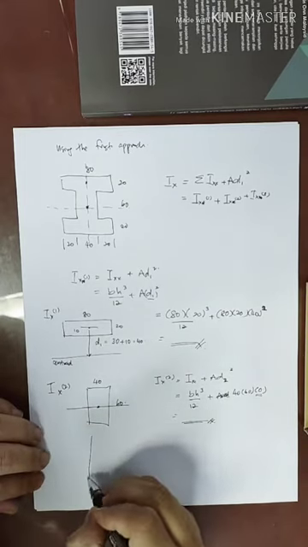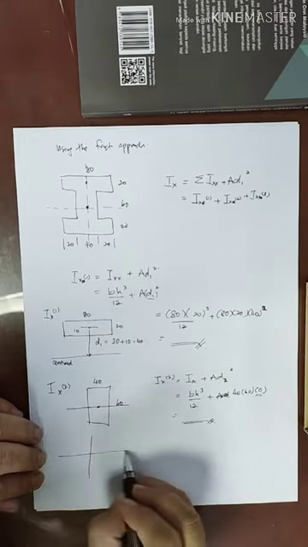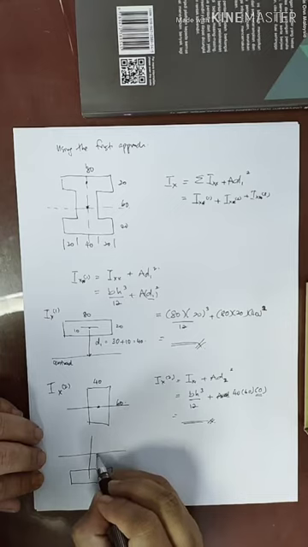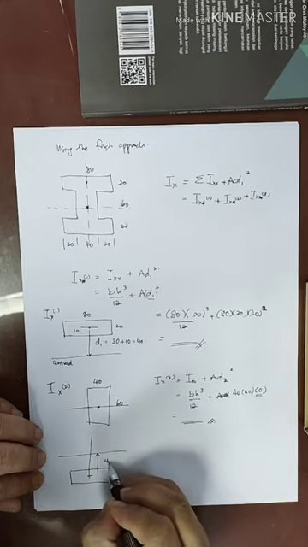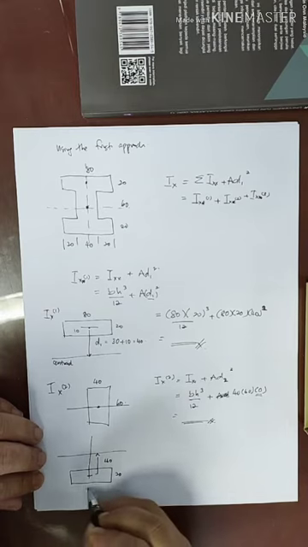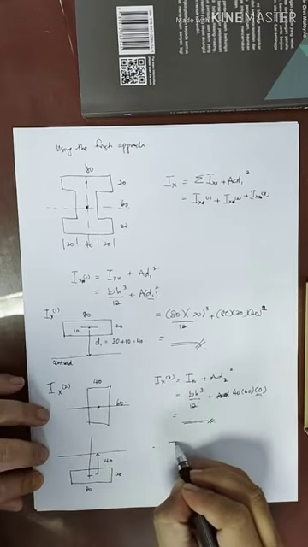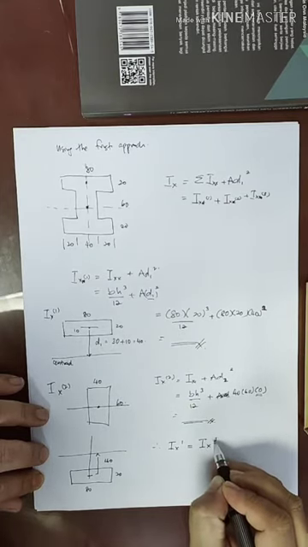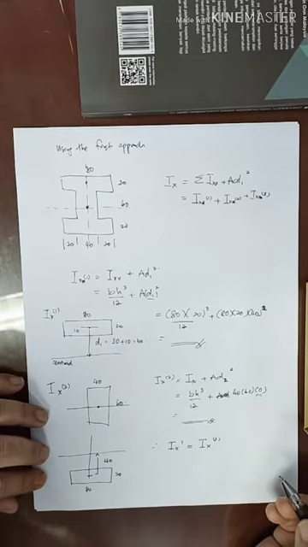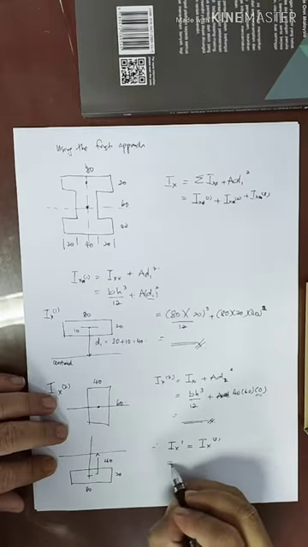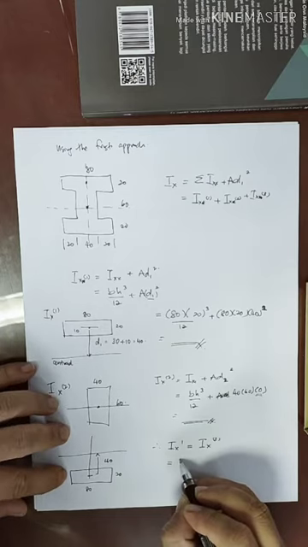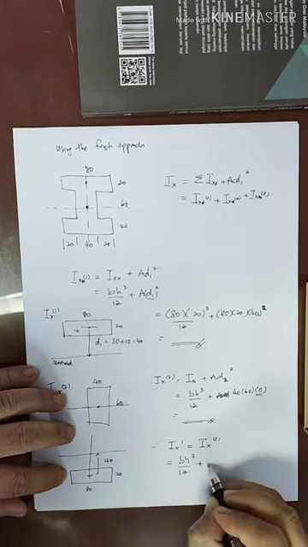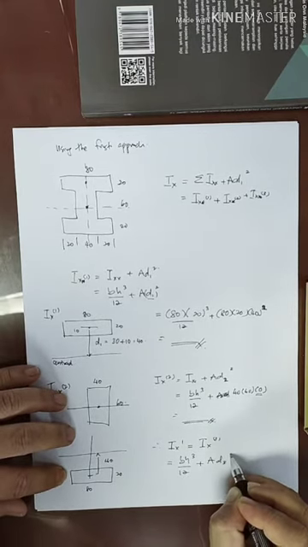For number 3, again, the location is downside. The symmetrical effect here is similar. The size is similar, so we can say Ix1 is similar to Ix3. But to ensure, we put the equation plus AD3 squared.